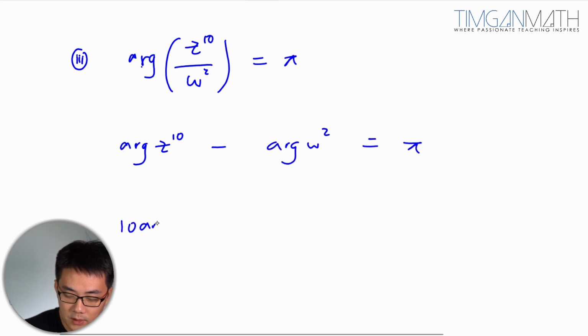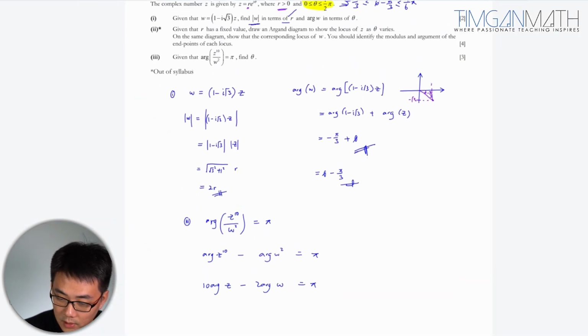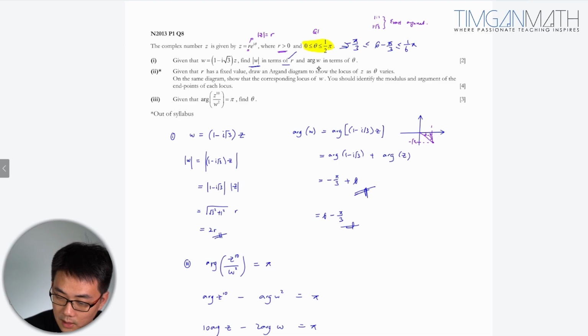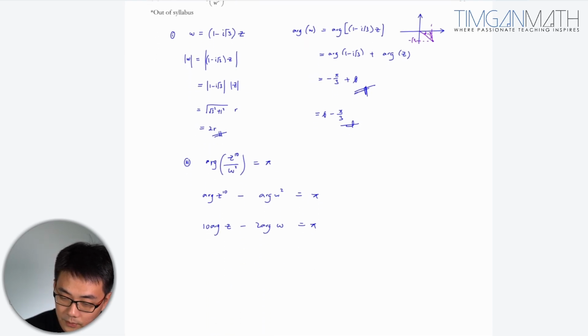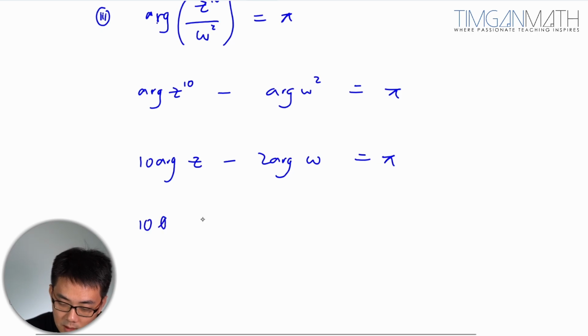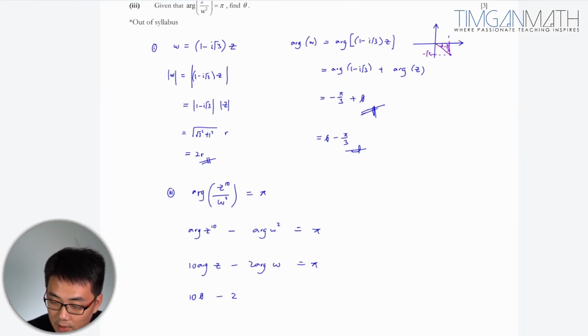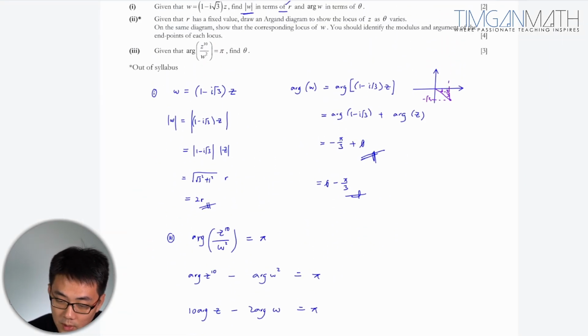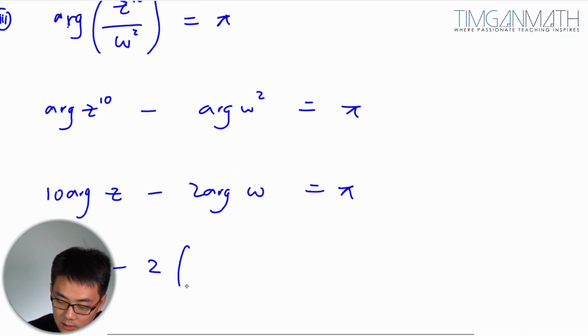This is 10 argument z minus 2 argument w equals pi. Argument z is theta. That's what we want to find. So 10 theta minus 2 times argument w, which we already found as theta minus pi over 3, equals pi.